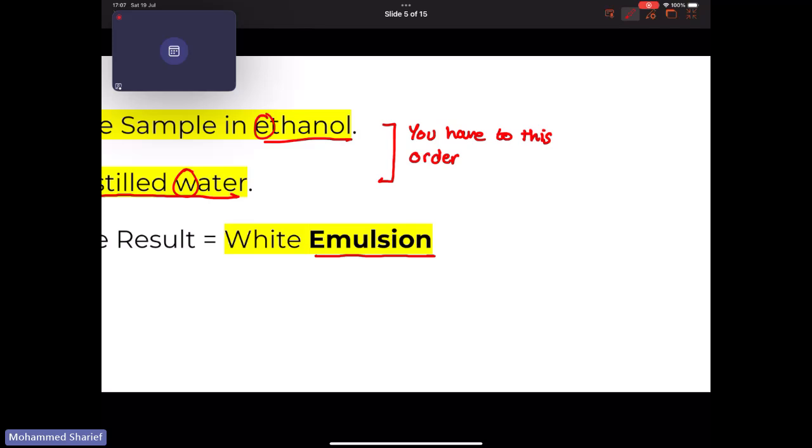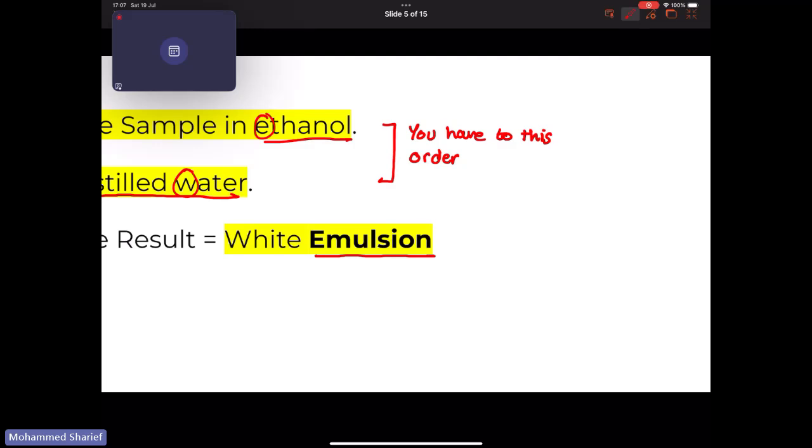Don't say cloudy or precipitate, because mark schemes will reject that word. It wasn't much focused on at GCSE, but at A level it is. So make sure you say emulsion and not precipitate, or milky or cloudy, or anything like that.